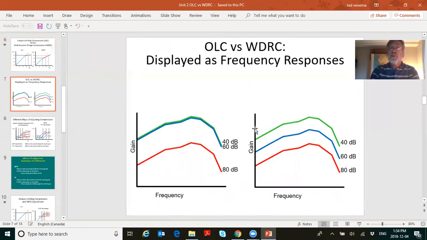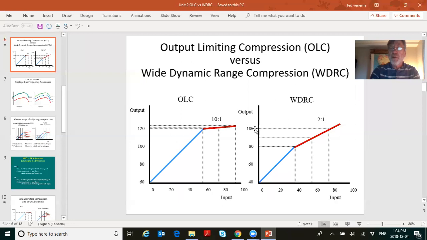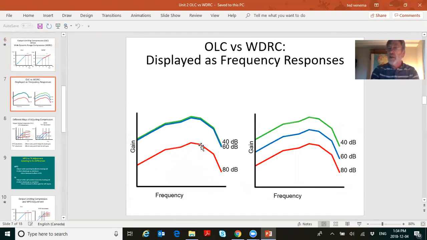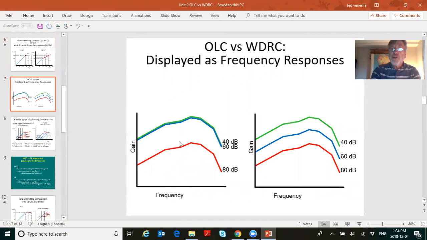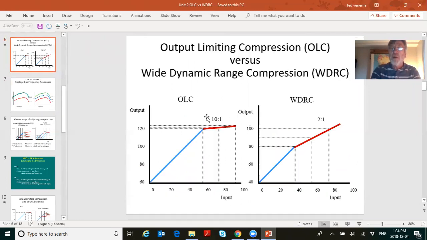This is seen in input-output functions here, and the same thing in terms of frequency responses here. Output limiting would be saying, give lots of gain for soft inputs, lots of gain for average inputs, and then suddenly slam on the brakes for loud inputs.